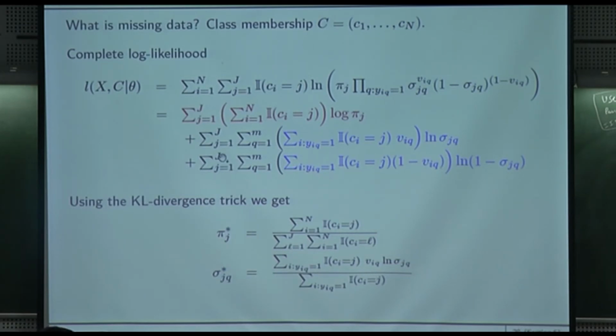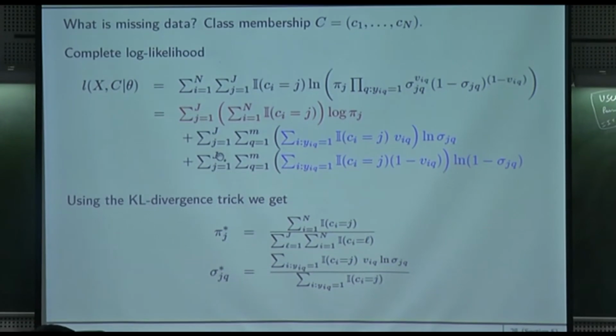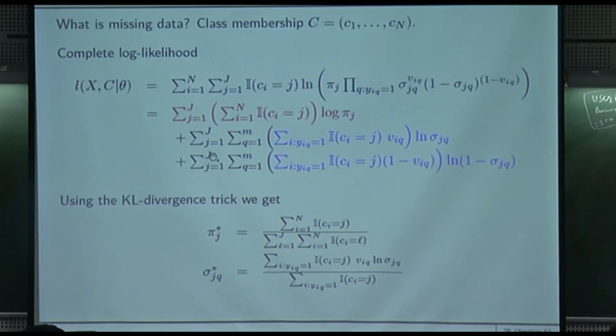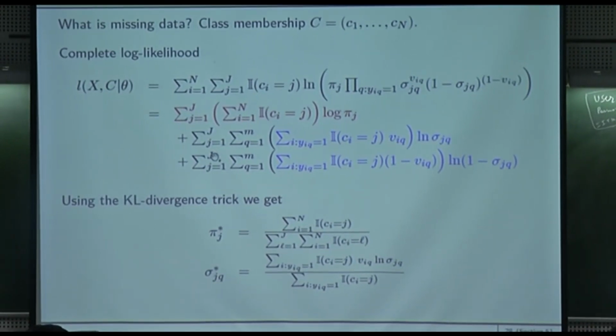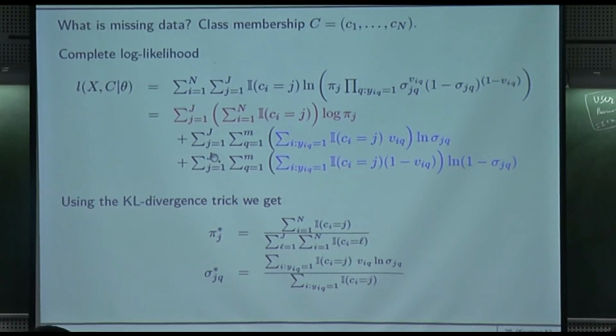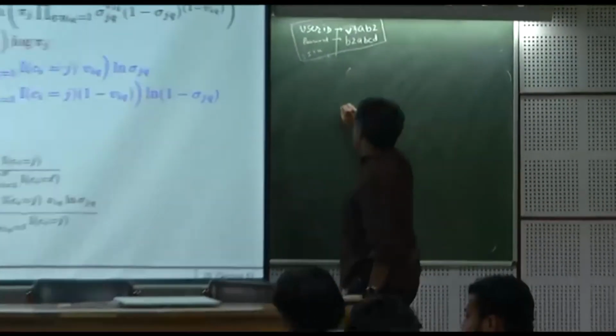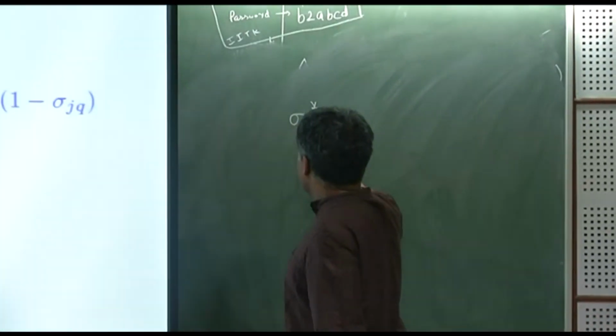Now just as a preview on the next slide that's going to come, if I want to do EM on this, what will I do? Now that we know how to do a few of these EM calculations, let's take sigma star JQ.